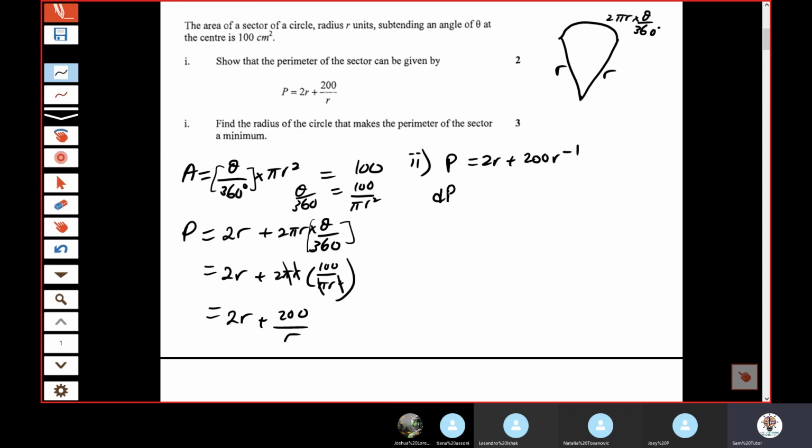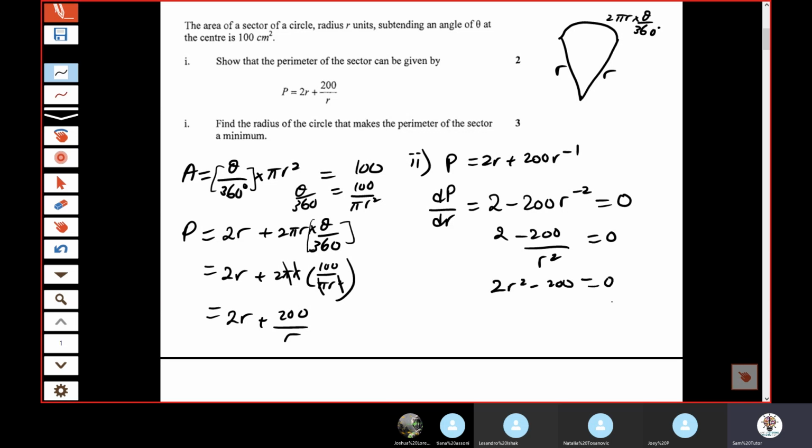Then dP on dr equals 2 minus 200 r negative 2 equals 0. What do we do to the r negative 2 now? 2 minus 200 on r squared equals 0. What do we do to the r squared now? Times everything by r squared.